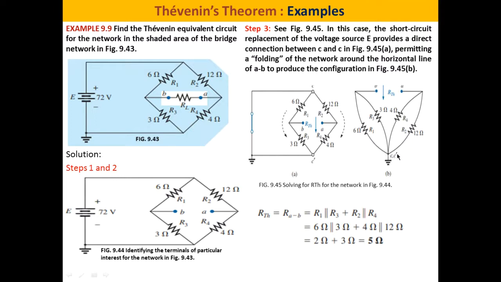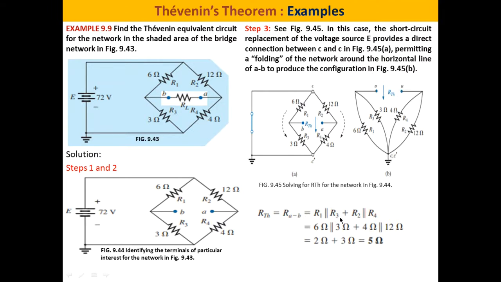All together they are connected to this point, the ground. So if we see from A and B, we will find R3 in parallel with R1, in parallel with R2, in parallel with R4. So what is R Thevenin? Is RAB equals R1 in parallel with R3 plus, sorry, it is in series. They are in series. Here it is just a point, okay?